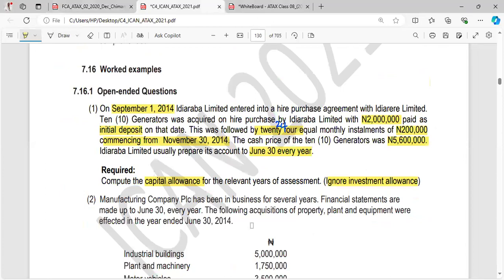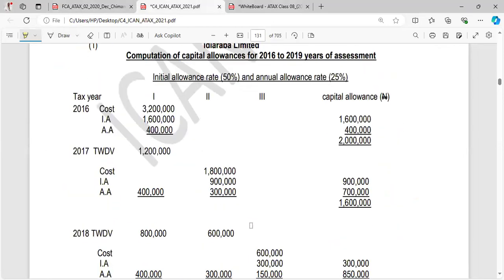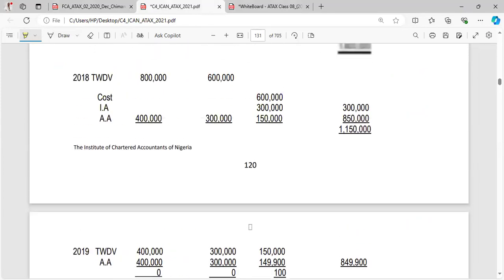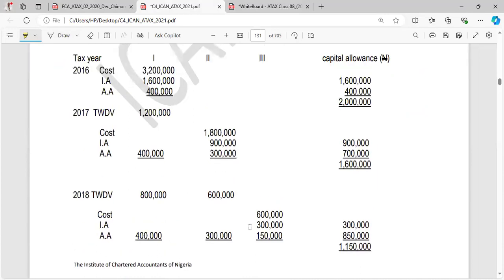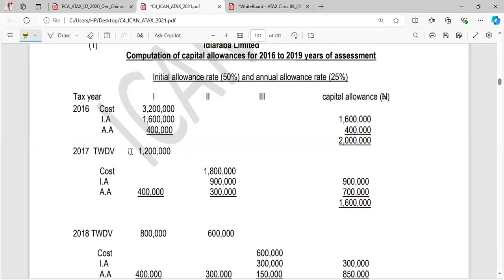You can go ahead and look at how it is being done here in the ICAN past question. You might see a little difference in style, but the general knowledge is what you have here.